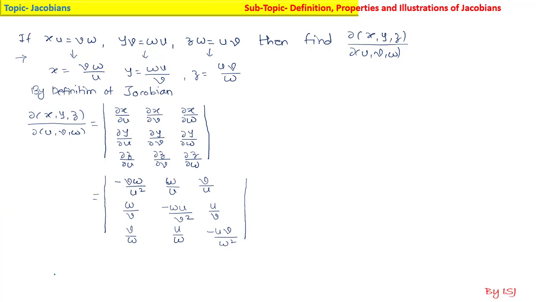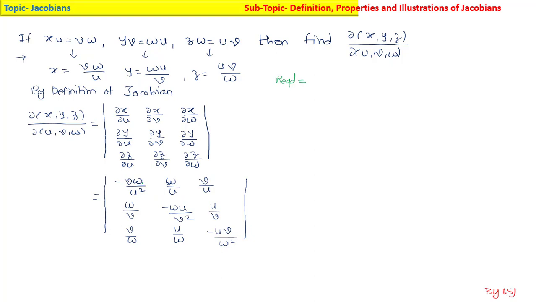Okay, so we just evaluate the determinant. We are evaluating a 3 by 3 determinant. Always remember that if it is possible to take something common from any row or column, then first of all take that common.